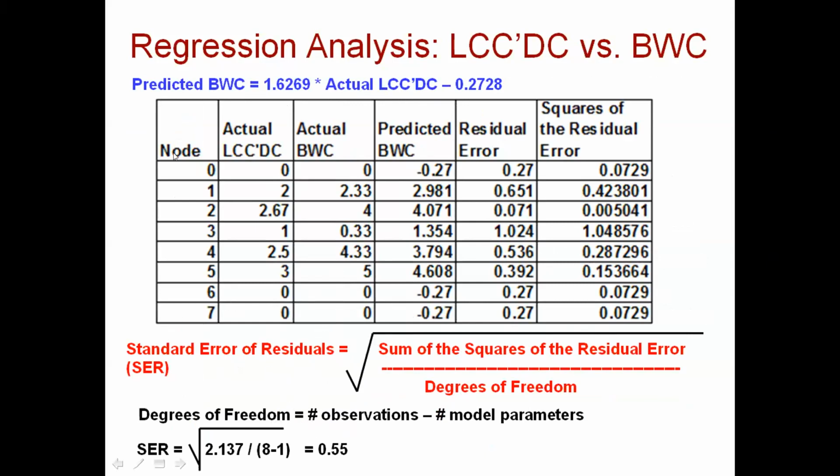The number of observations is 8 because you have 8 vertices, and the number of model parameters is 1 because you use LCC prime DC as a parameter in this equation to predict the betweenness. So the sum of the squares of the residual error is 2.137, divided by 8 minus 1, and the square root of that is 0.55. That's also a very low number in terms of the prediction error.